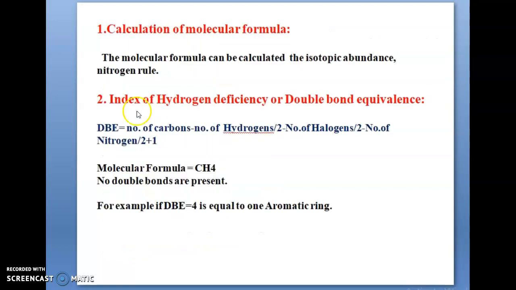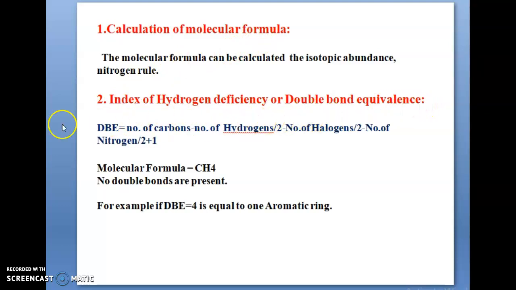You can see the first step, calculation of molecular formula. The molecular formula can be calculated using the nitrogen rule and isotopic abundance. The second step is the index of hydrogen deficiency, or double bond equivalence.